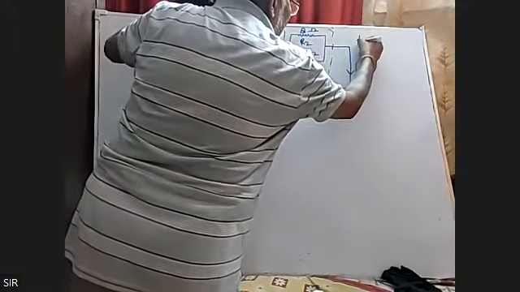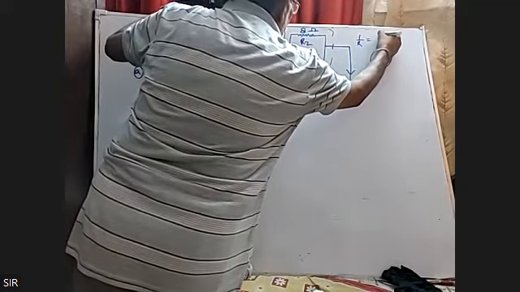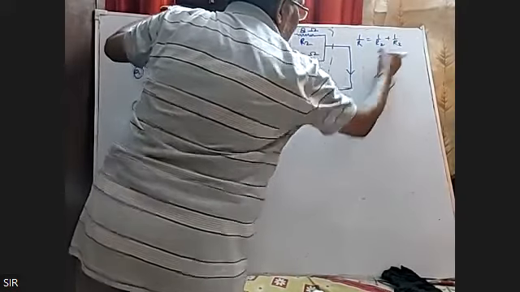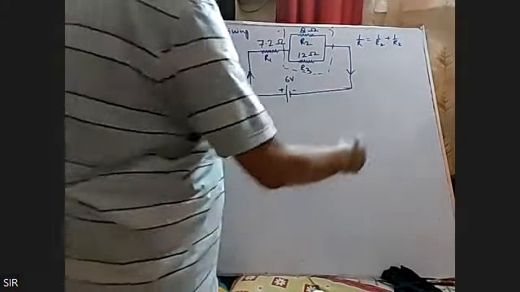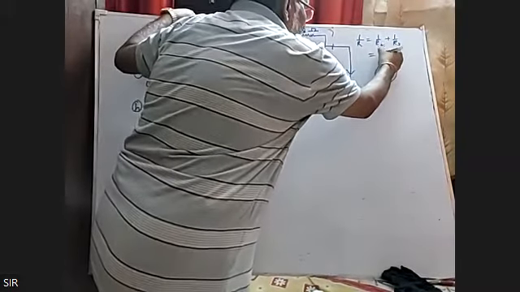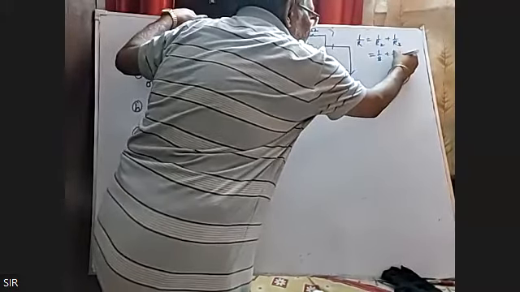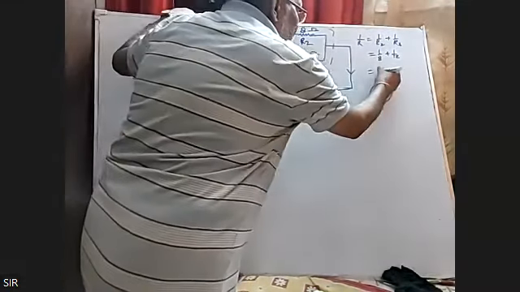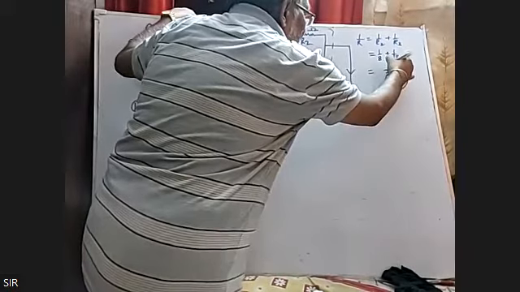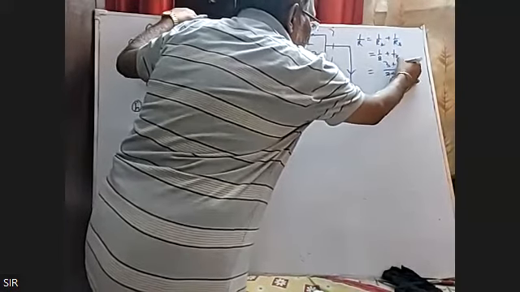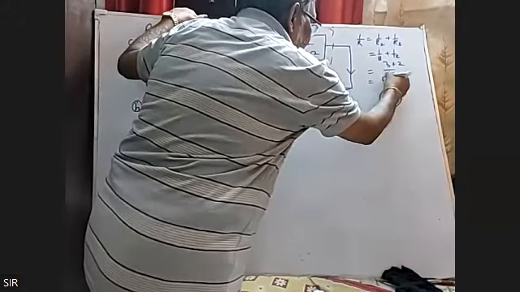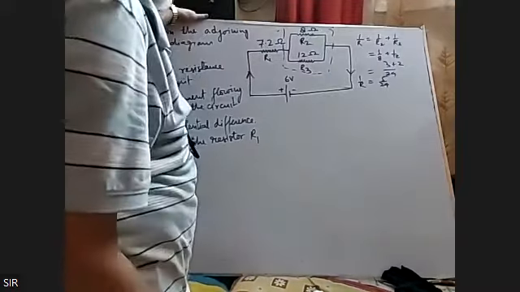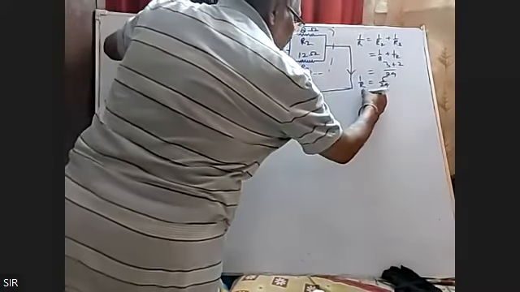So 1 upon R is equal to 1 upon R2 plus 1 upon R3. Is it okay? Yes. So it is 1 upon 8 plus 1 upon 12. So 24 is the LCM. 3 plus 2, that is 5 by 24. 1 upon R, so R is 24 by 5.